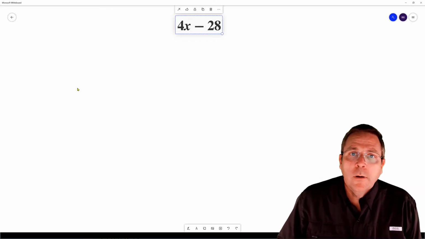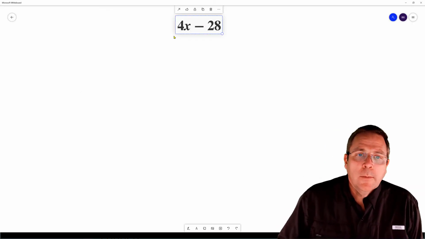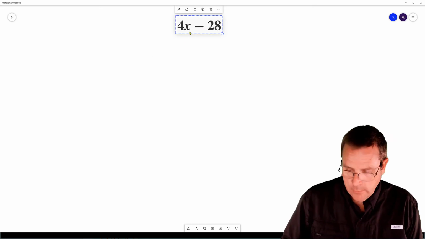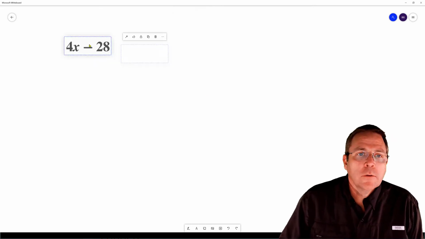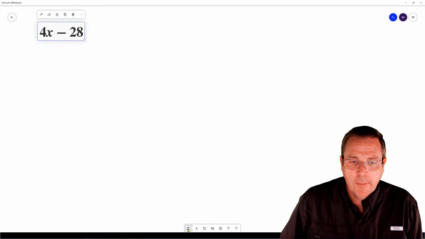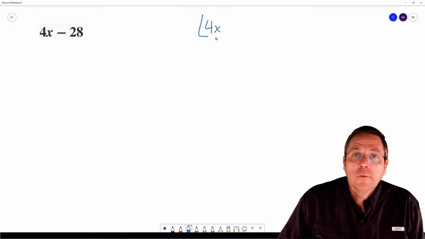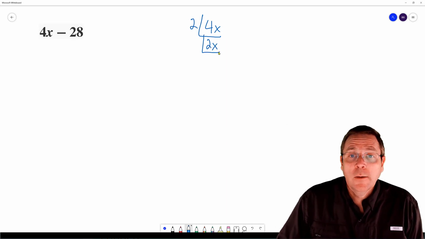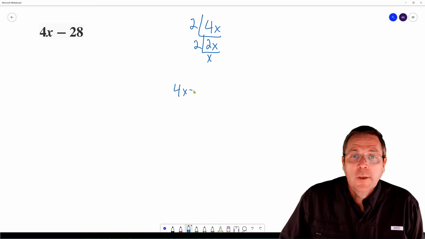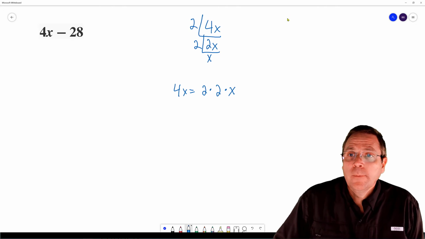Alright, I got my problem, 4x minus 28, and I'm going to drag it over here and factor my two terms. 4x: 2 goes into 4x 2x times, 2 goes into 2x x times, so 4x equals 2 times 2 times x.